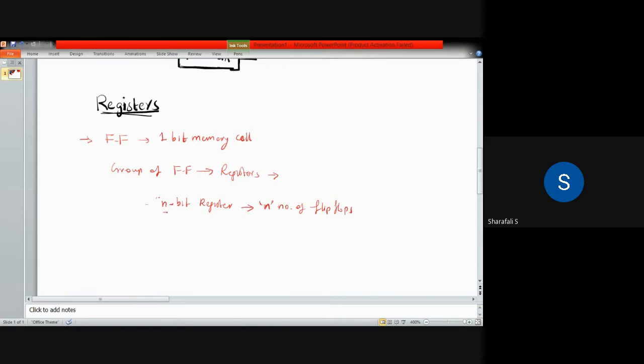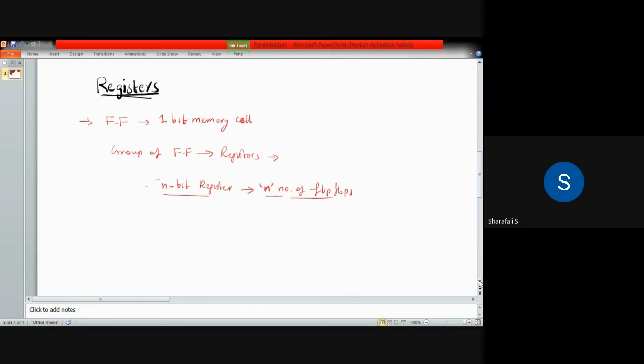So an n-bit register can store n bits of data, and it will have n number of flip-flops. As we discussed earlier, in the case of flip-flops, with each negative triggering, we have a change in state.